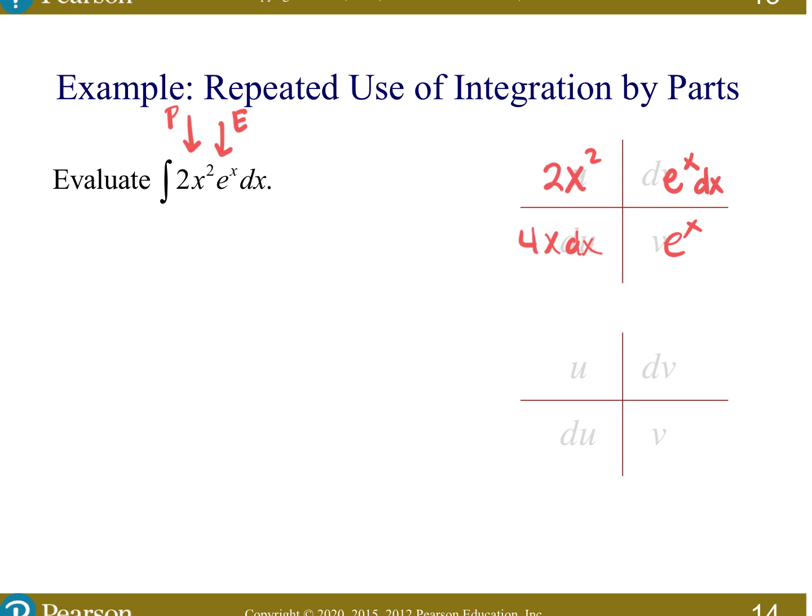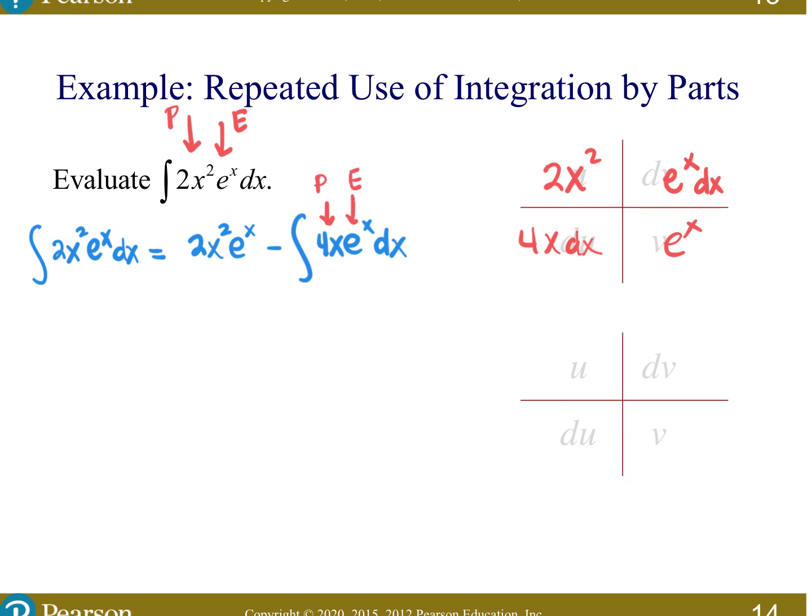Okay. All right. So what we've got going on now is, and I always like to start with the question, and the question was the integral of 2x squared e to the x dx. The first part of the antiderivative solution was 2x squared e to the x, that combination, and then minus the integral of 4x e to the x dx. And because we still have a polynomial and an exponential, we have to do it again because we still have that same combo.